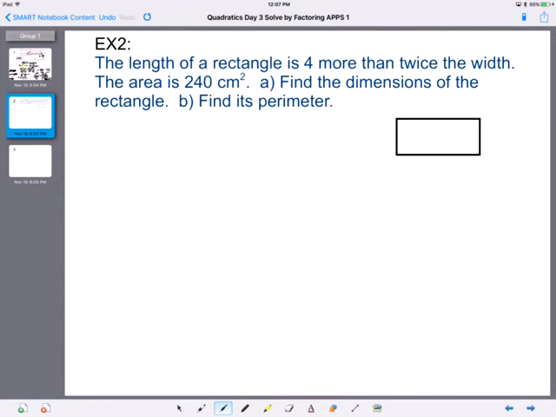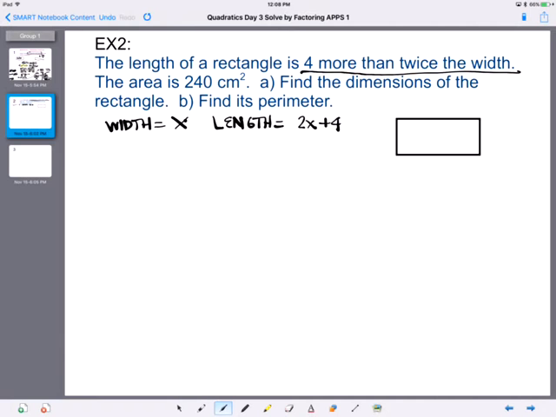Example number 2 says the length of a rectangle is 4 more than twice the width. So if I let the width of my rectangle be equal to x, I can then state that the length is 4 more than twice the width.